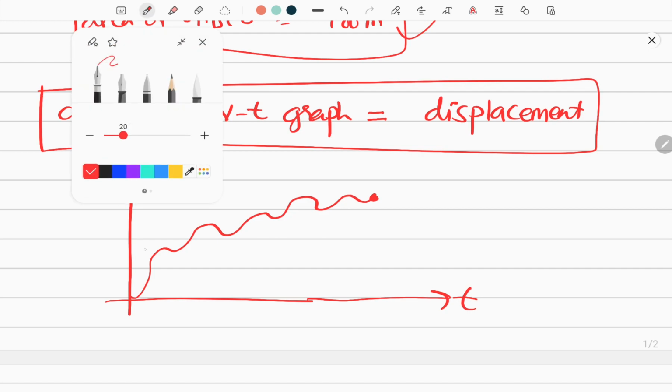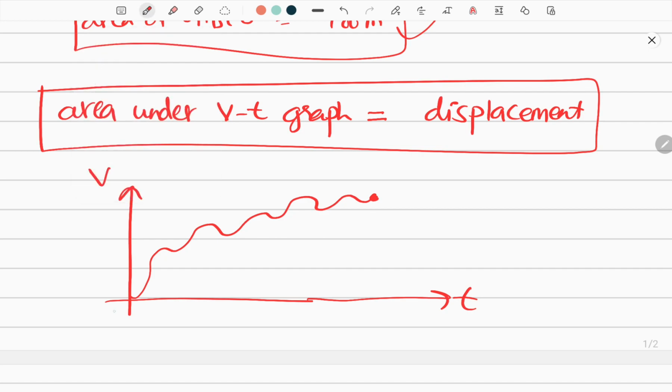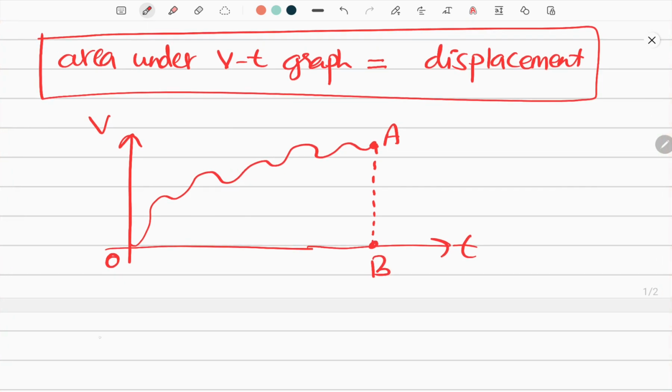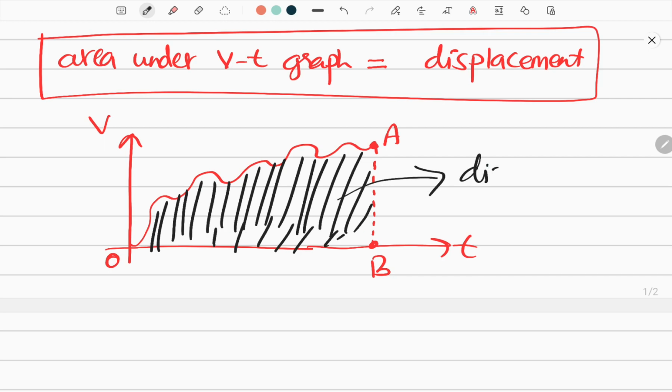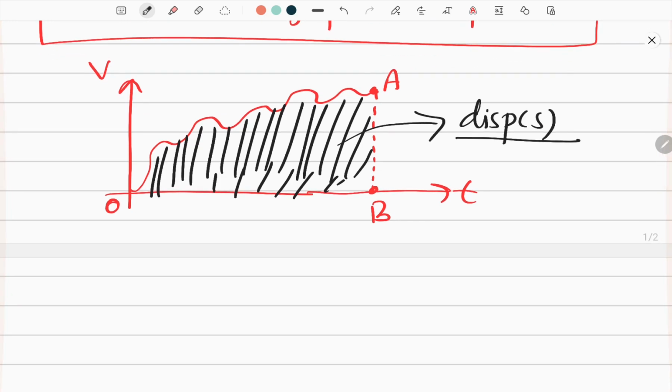Now if you want to calculate the displacement, from this point O you go to A, then you drop a perpendicular here, let me call it P. Whatever this area under OABO is, this area is going to represent the displacement, that is S. So directly I can write displacement S is equal to the area of OABO.